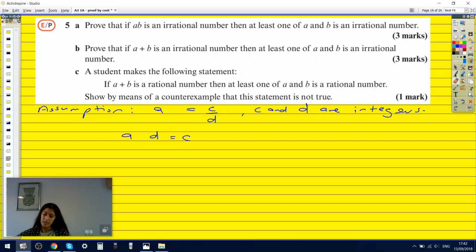A equals C over D. B equals E over F. So you only have to disprove it for one. So AD equals C, F equals E. What does that mean then?